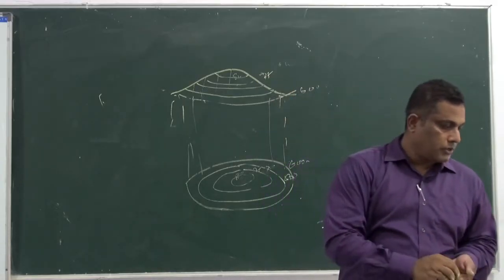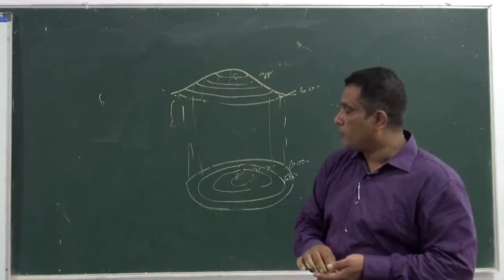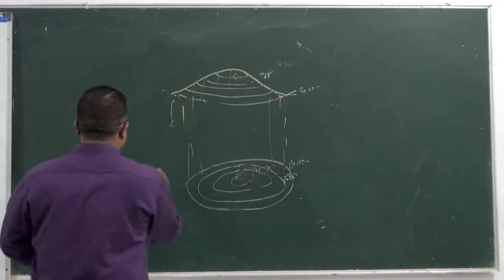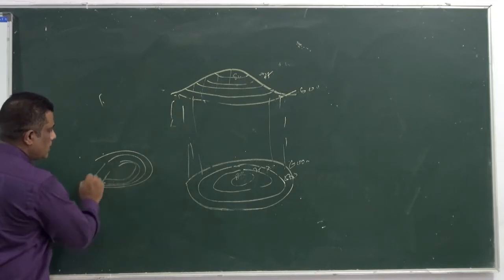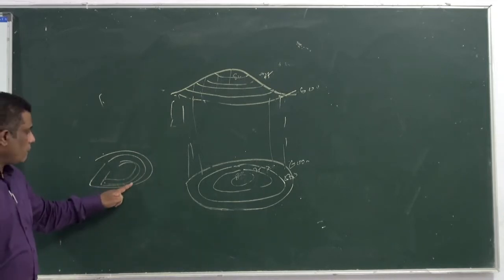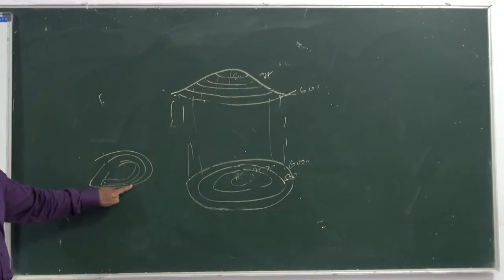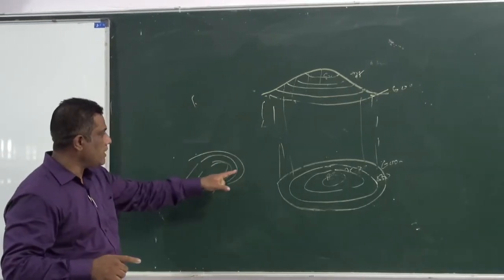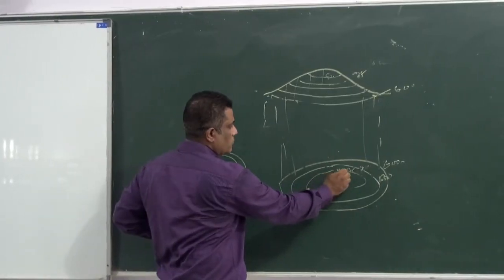Now coming to the properties of contour lines. When two contour lines run very close to each other, what does it mean? The vertical interval is very small, that is, at every 10 meters of vertical interval you have a horizontal distance like this. This is one horizontal equivalent and this is another horizontal equivalent.